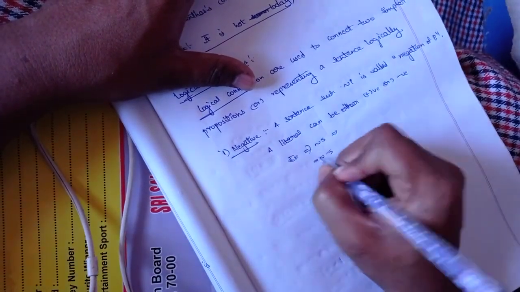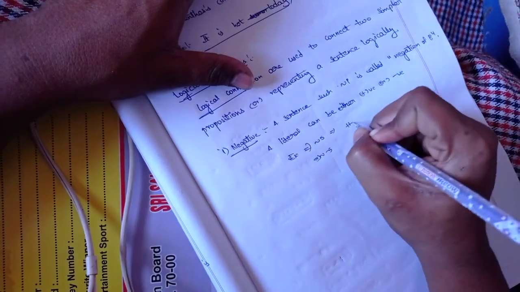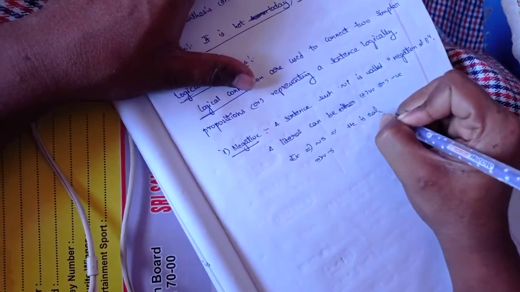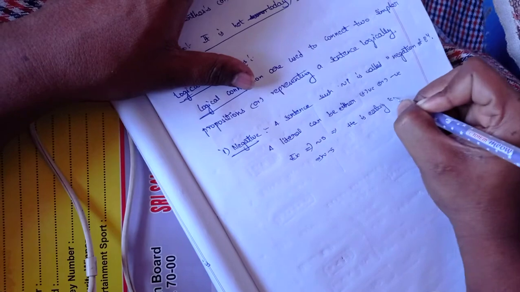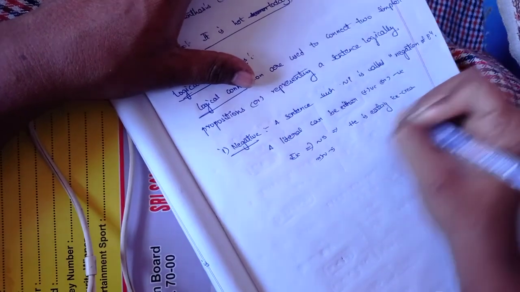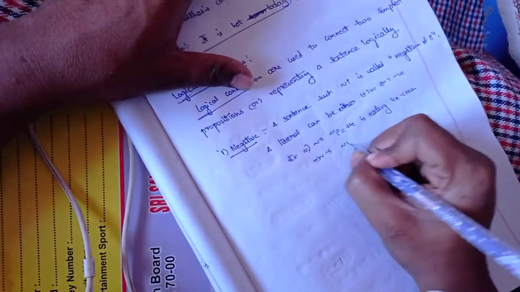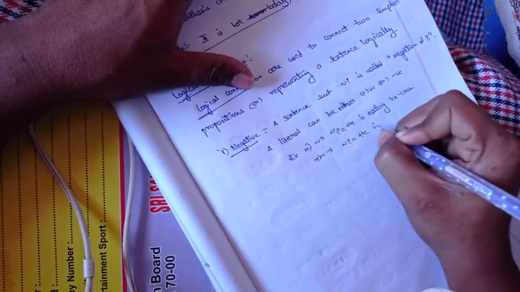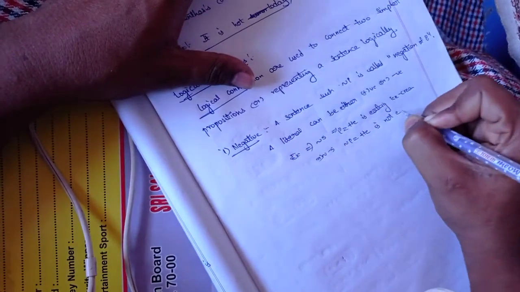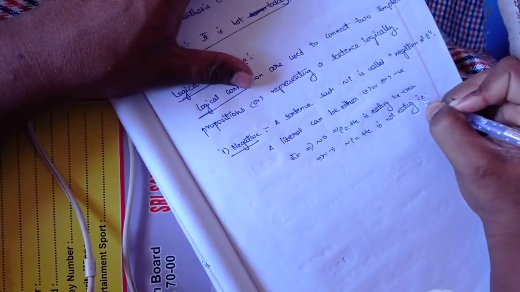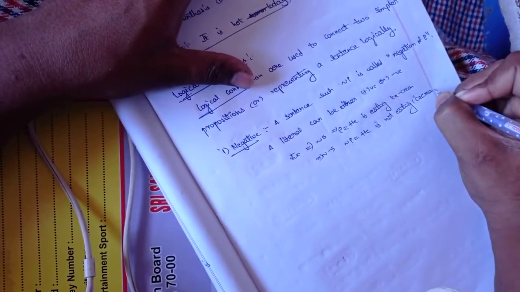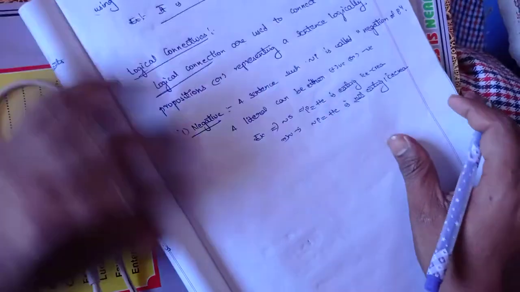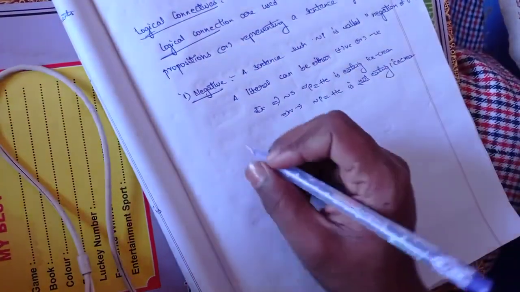Take the example: he is eating ice cream. Consider this as P. What is the negation of P? He is not eating ice cream. We describe that using not, doesn't or don't. All of these come under the negative one.